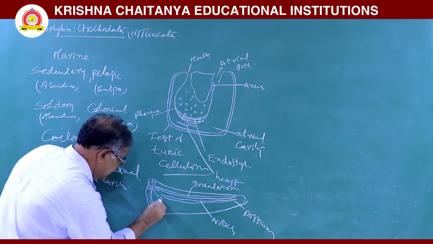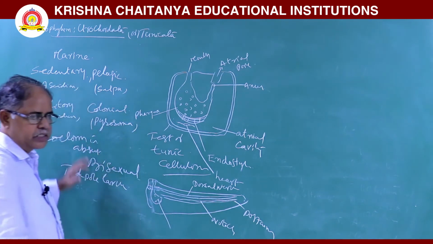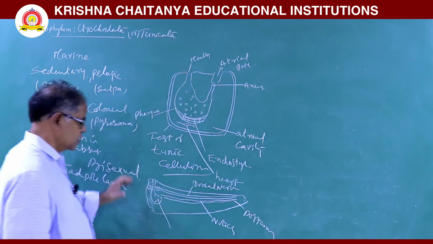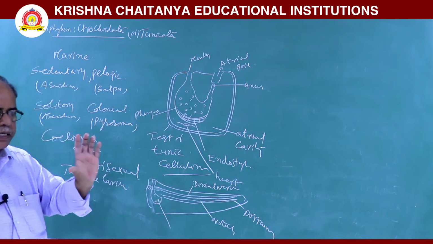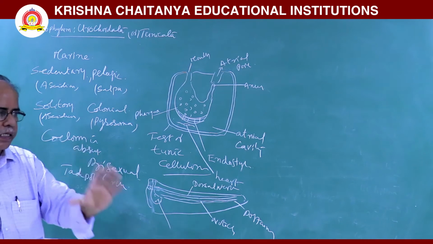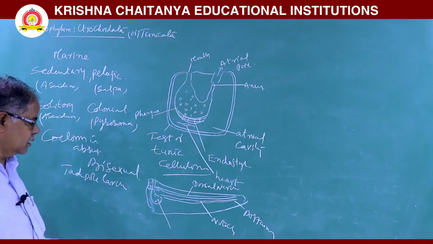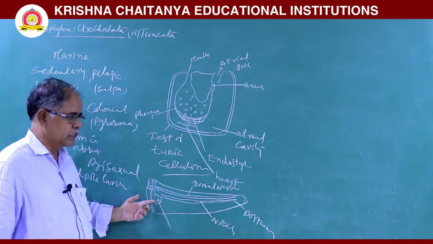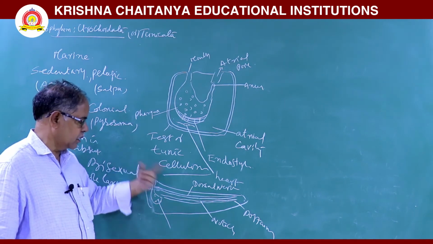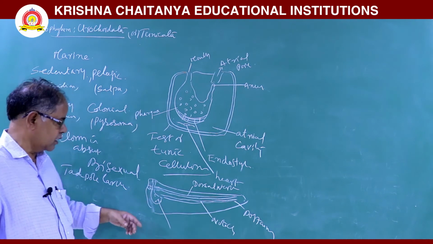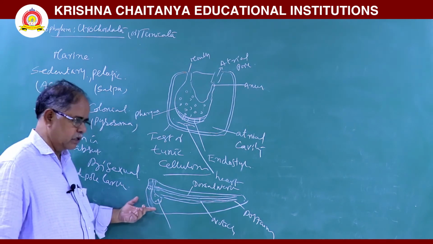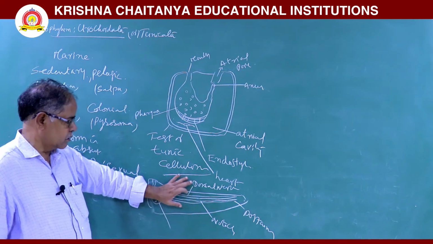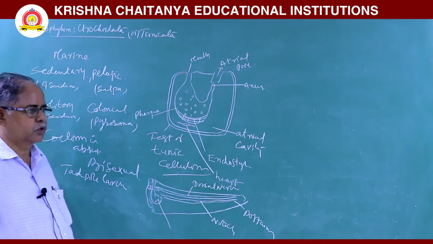Here pharynx is there. In this pharynx gill slits are there. So in this larva all main chordate characters are seen. The larva possesses notochord, pharyngeal slits, dorsal nerve cord and also a ventral heart.